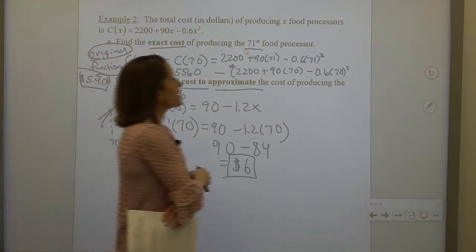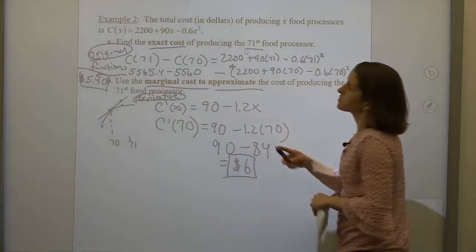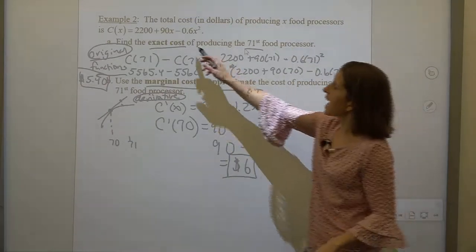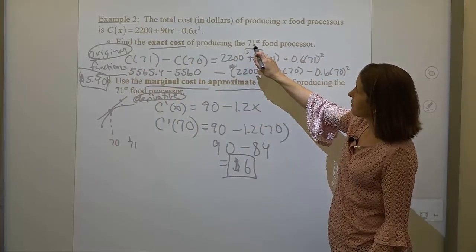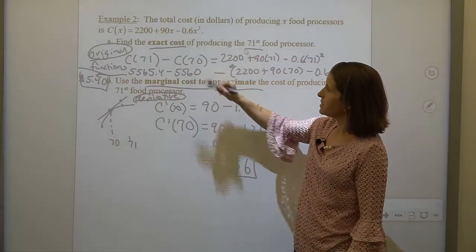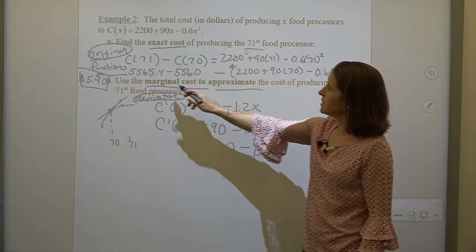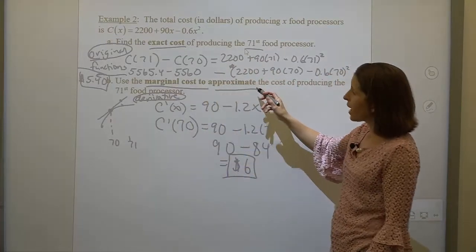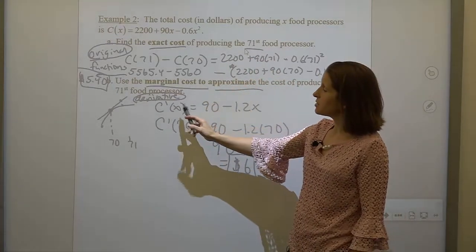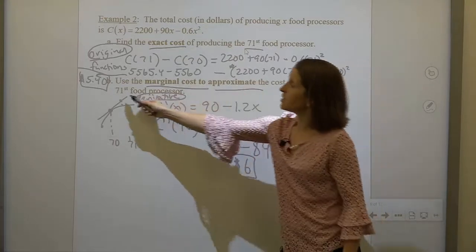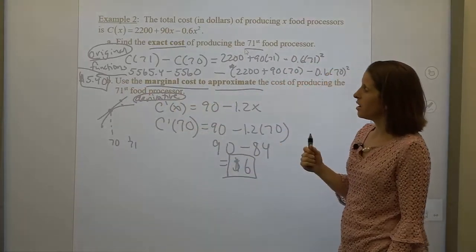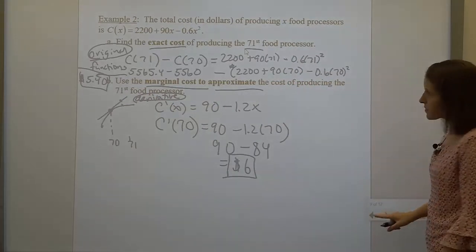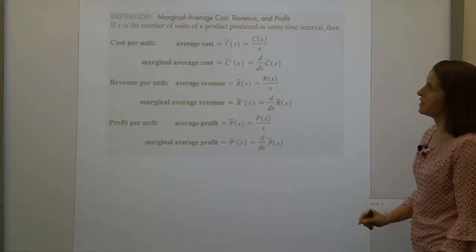Okay, so this series of formulas is something that you need to know: the exact cost is the original function of 71 minus 70 plugged in, and the marginal cost to approximate means using the derivative, and if it says 71, you're actually back at 70 making a prediction about the 71st. You can definitely expect a question like that.